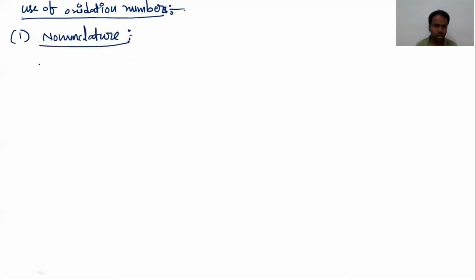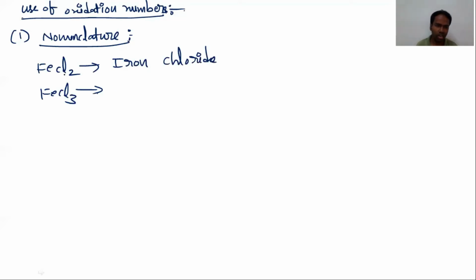For example, FeCl2 and FeCl3. So two compounds are there. But instead of writing ferrous and ferric, you can use iron chloride. Both are iron chlorides only.